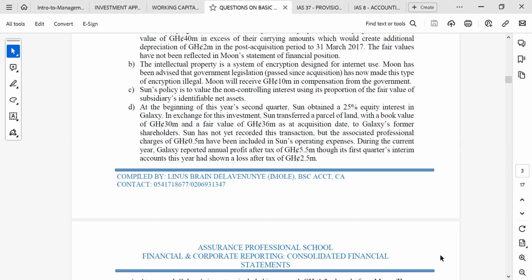Okay, this 5.5 that they are talking about, the profit which is 5.5, it is for how many months? The 5.5 is for how many months? No, please.